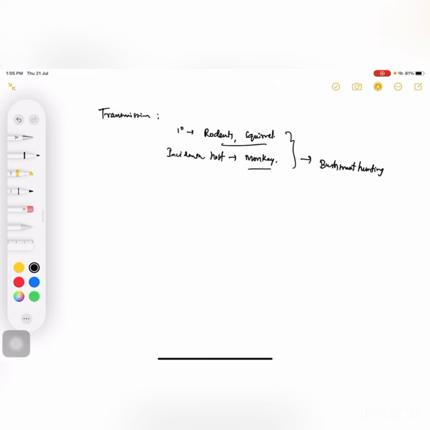Or the other way is when there is direct exposure to body fluids of these animals.